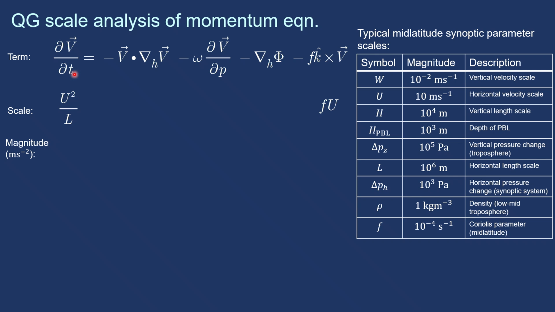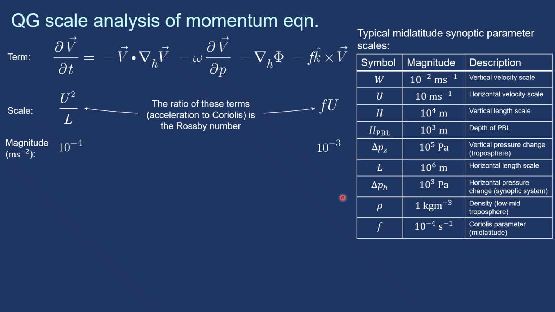The scale of the acceleration term is U squared over L. U is 10, so 10 squared is 10 to the power of 2, divided by L, which is 10 to the power of 6, giving an overall value of 10 to the power of -4 for that term. And for f times U, f is 10 to the power of -4 times 10 to the power of 1, which gives an overall value of 10 to the power of -3 for that term.